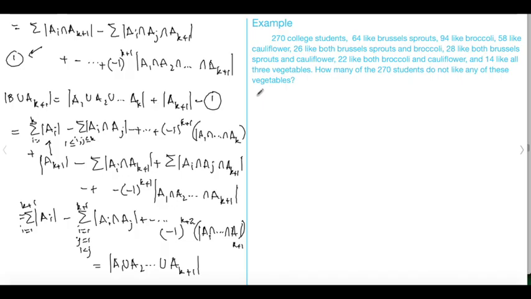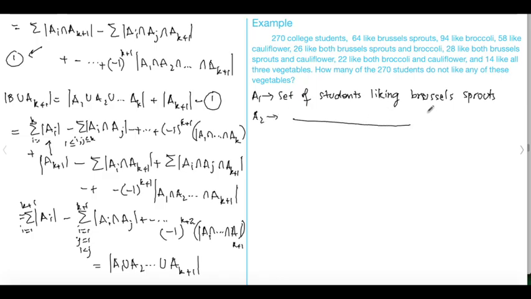So first of all, we will say A_1 is the set of students liking Brussels sprouts, and similarly A_2 is the set of students liking broccoli, and A_3 is for cauliflower.